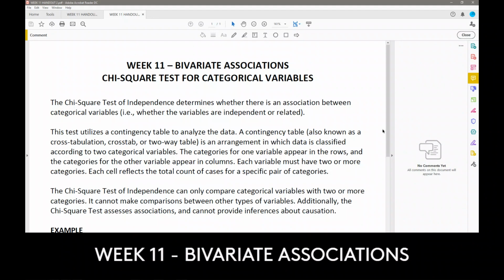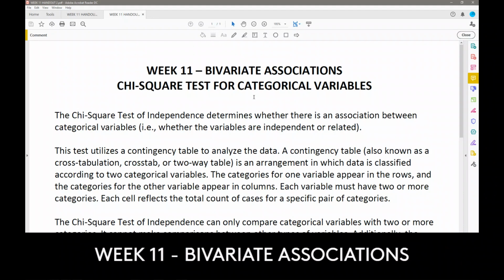Now, this is going to cover a continuation of bivariate associations and also the assessment of categorical variables. But we are going to learn about a test that is called Chi-square, and it is used for categorical variables being assessed together. Now, a Chi-square test is produced very similar to a crosstab.